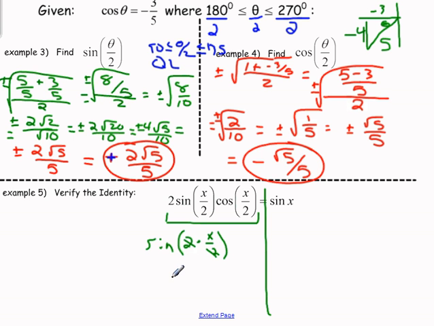The 2's cancel, leaves you with a sine of x. You could have also done it where you replace this with the half angle for sine, half angle with cosine, distributed, multiplied, all that, and got the right answer, but it's a lot more tedious. And it's a lot easier if you do a substitution first.